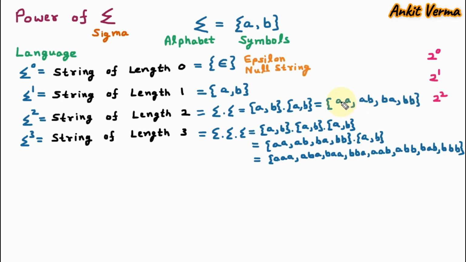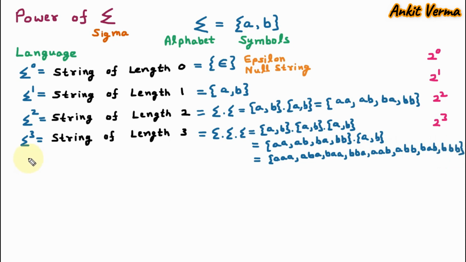So here 1, 2, 3, 4. And in strings of length 3 we have 2 to the power 3 strings, that is equal to 8. So 1, 2, 3, 4, 5, 6, 7, 8. So here we have a set of 8 strings.